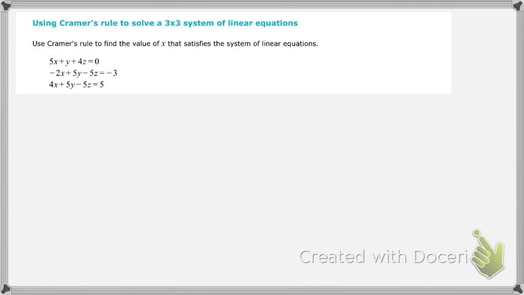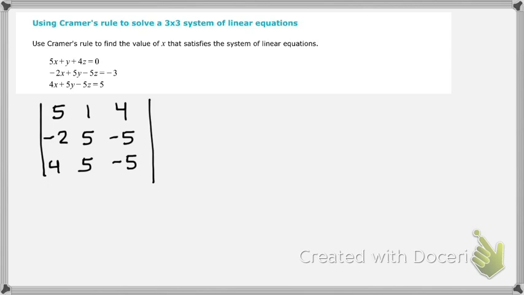Cramer's rule. I'm going to begin by finding the determinant of the coefficient matrix. So if I take all of the coefficients, like so, I give myself a 3x3 matrix.